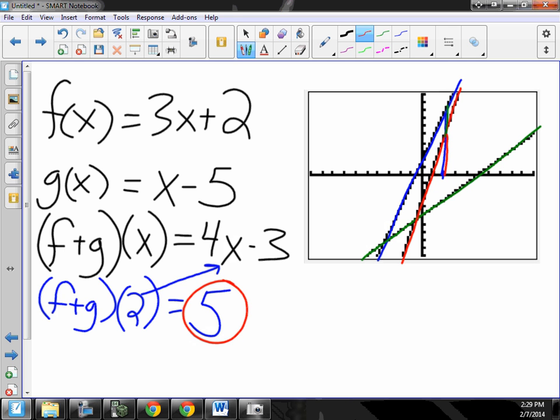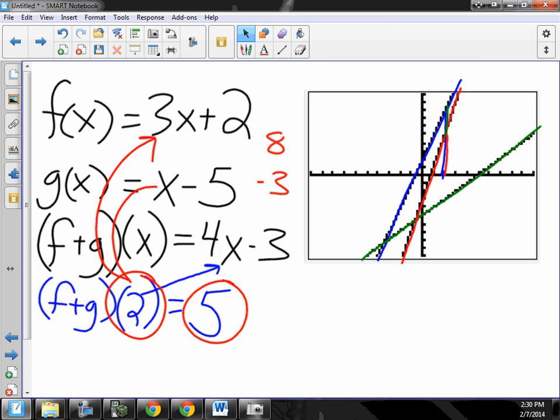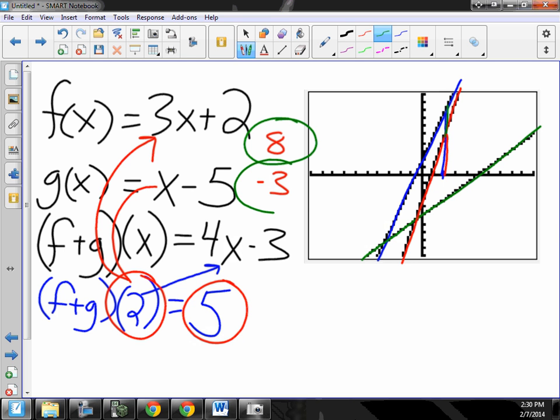Well, what if I take this 2 and I plug it into both functions? Up on top we have 3 times 2 is 6 plus 2, I get 8. And if I plug 2 into g, 2 minus 5 is negative 3. What do you notice? This would be the blue mark on the graph, and this would be the green mark on the graph, and the blue plus the green equals the red mark.